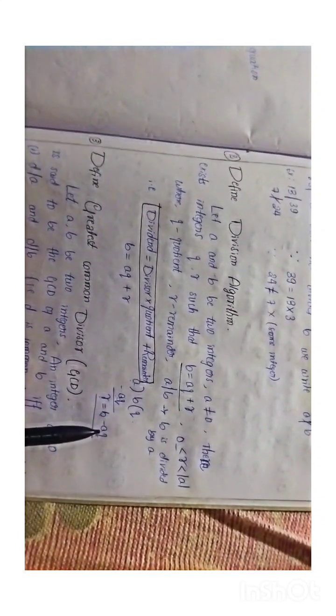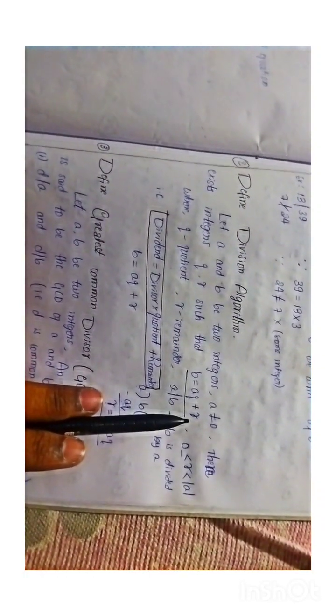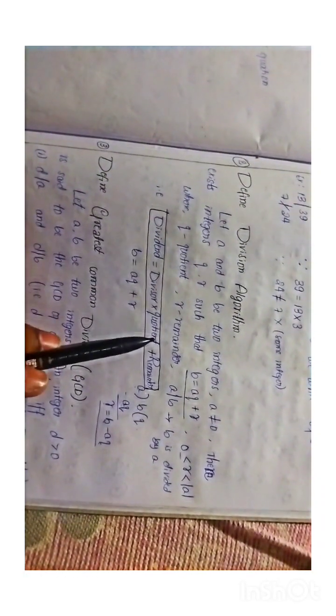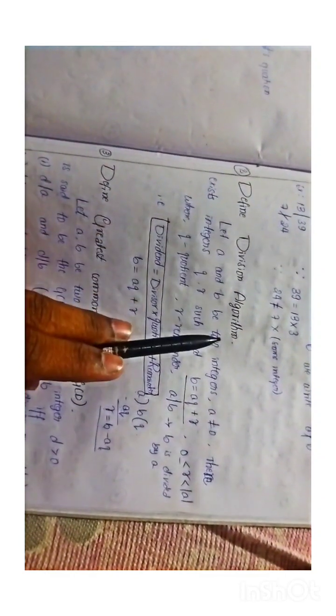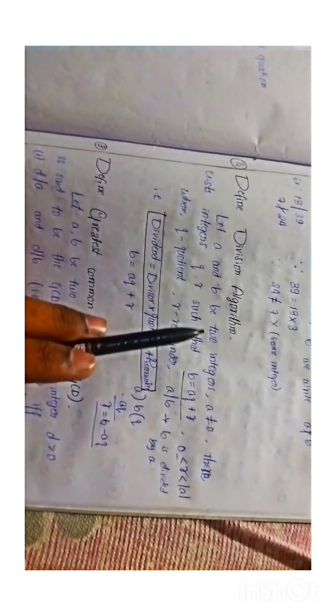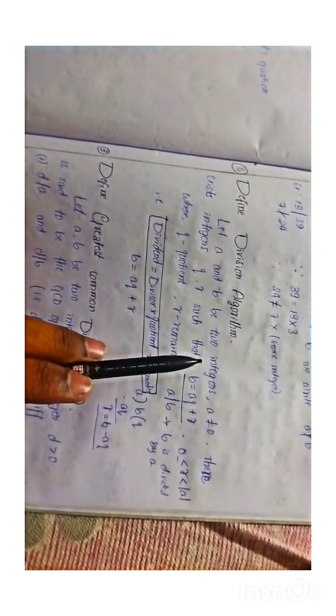So remainder is equal to b minus aq. If we take aq to the left-hand side, we get b is equal to aq plus r. Therefore, by this rule, b is equal to aq plus r. So this is the division algorithm. Let a and b be two integers, a not equal to 0.